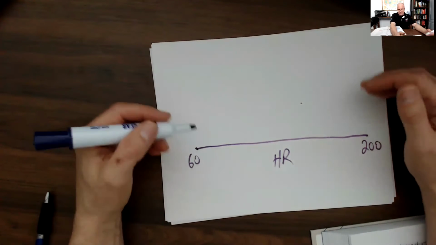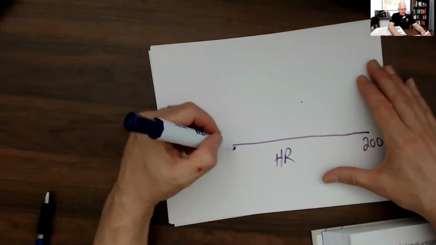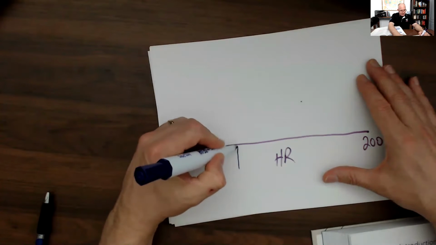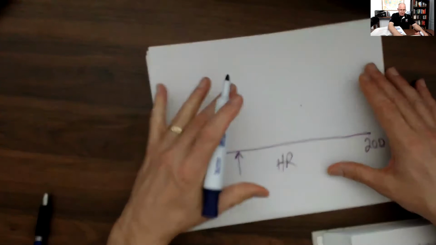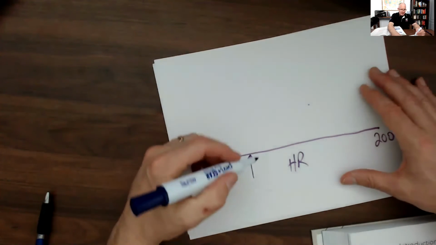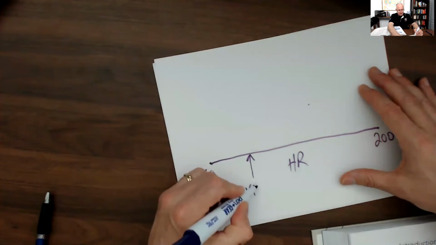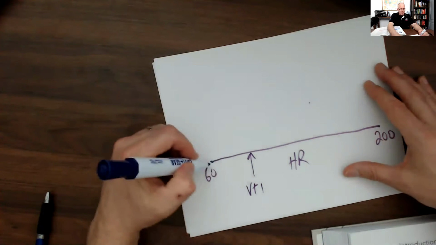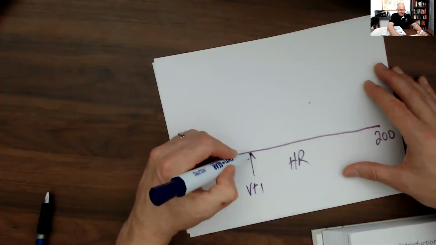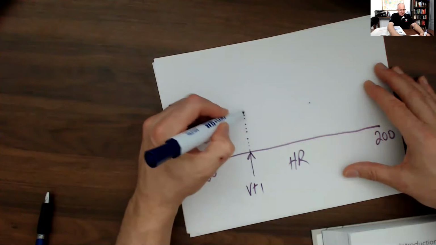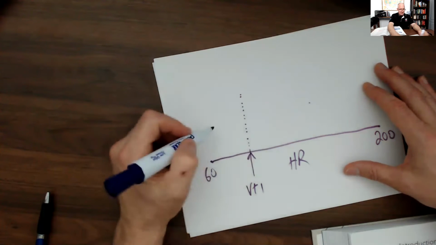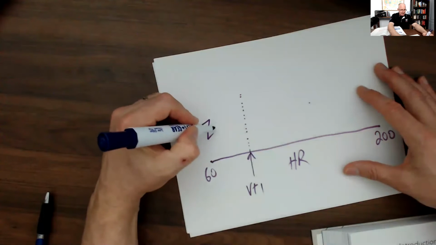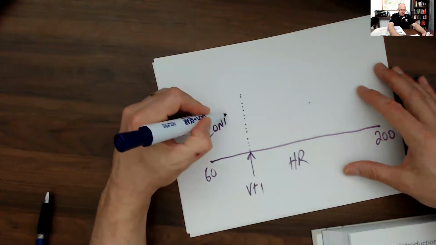And basically what VT allows you to do is to get that heart rate, right, which is a critical biomarker for training. And if this is your VT1, and I'm assuming you know what it is, whatever that heart rate is, we now have a distinctive crossover point that allows us to break out training into different zones.